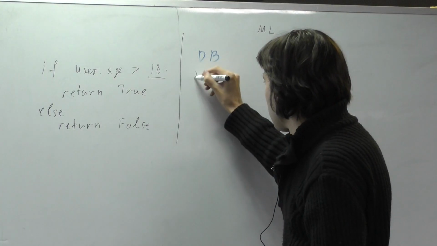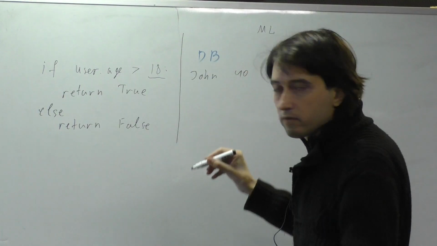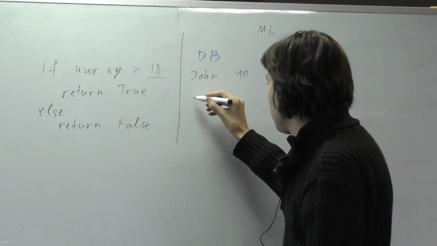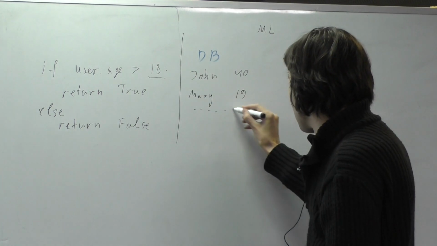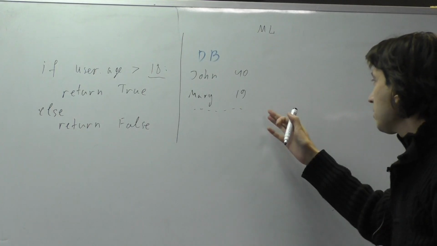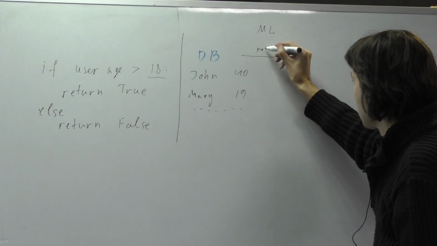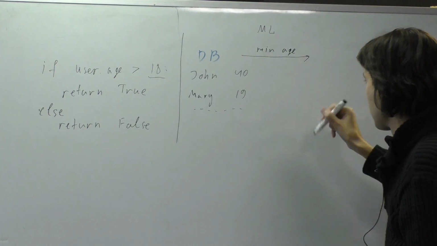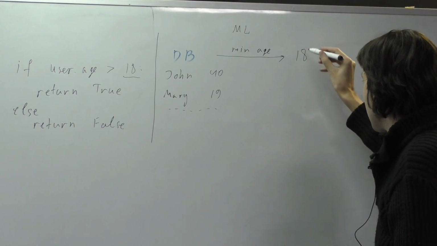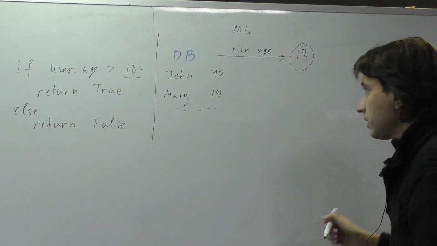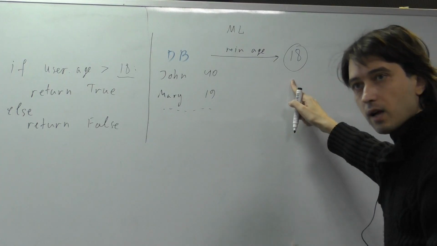For example, John is 40 years old and has a driver's license, and Mary has a driver's license and she's 19, and so on and so forth. So, many people. With the ML approach, I can take this database and find the minimal age, and I will get some number that may be 18. This number I will set into the program that defines whether you can obtain that license or not.